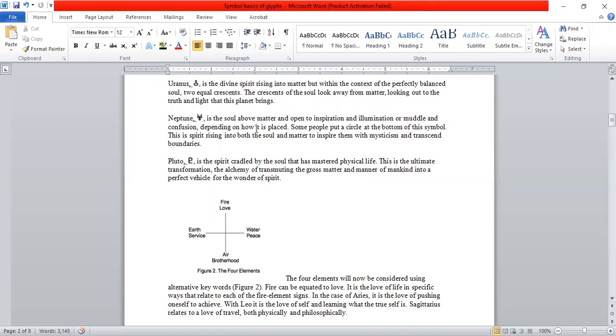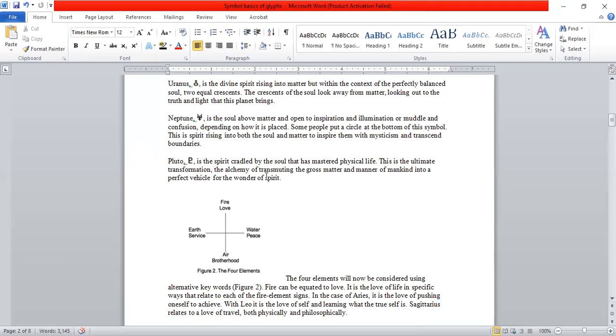Right. And Pluto, I don't know why they printed this. The original one of Pluto, from top to bottom, has the circle, the half moon, and then the cross. This is like the alternate Pluto one.